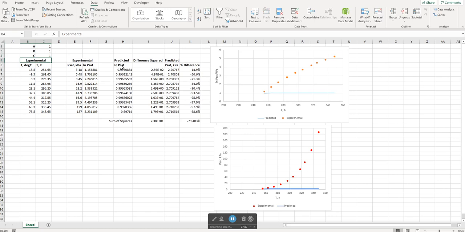Now what I'm going to do is calculate log of Psat based on my initial guess here. And that's what this column is. This is my predicted log of Psat. And if you look here, this is my formula. Let me just type this in here.